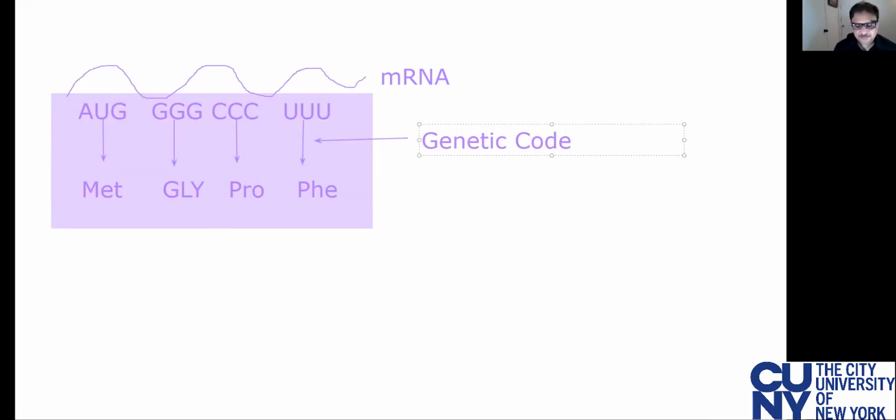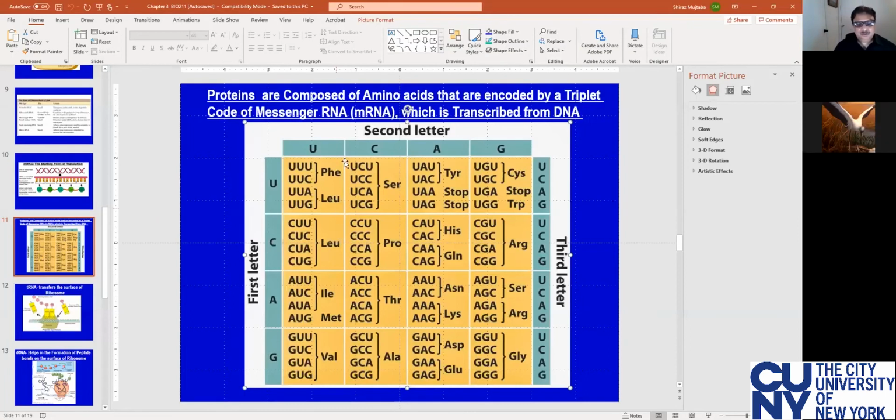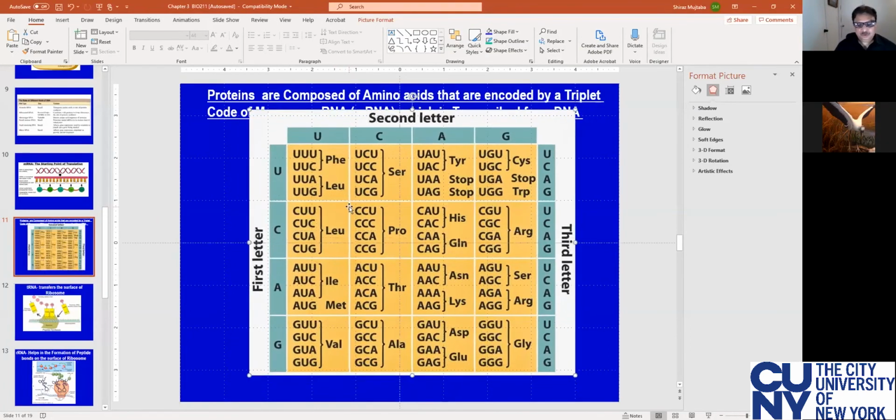Can you see this slide? Yeah, so this is a table called the genetic code table. I don't want to go into the details. These are triple nucleotides, UUU.